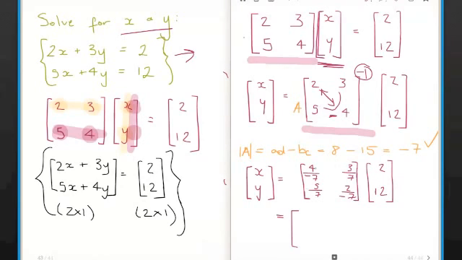Okay, so when I multiply this out, I have to multiply these plus this. So I get 28 over 7. And when I do my next row, this times this, it's getting a bit ugly. I have 14 over minus 7.